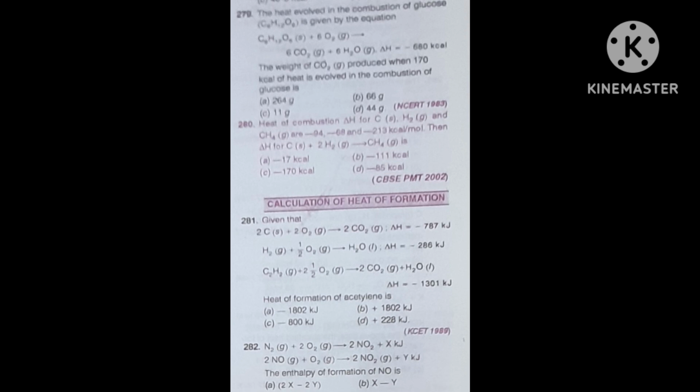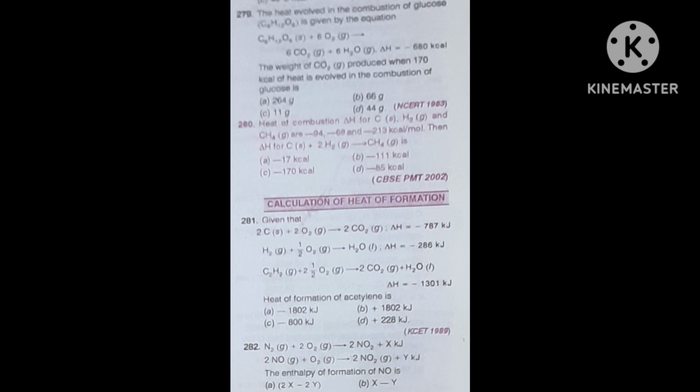Here, all reactions first you write. C plus O2 gives CO2, and delta H is equal to minus 94 kilocalorie. Second reaction, H2 plus half O2 gives H2O, and delta H is given minus 68 kilocalorie.